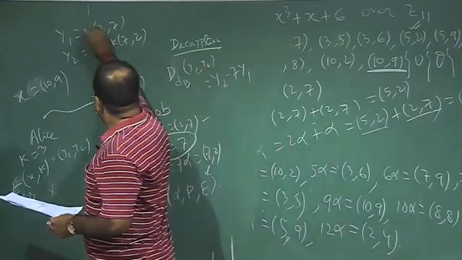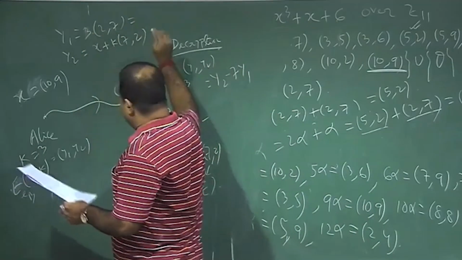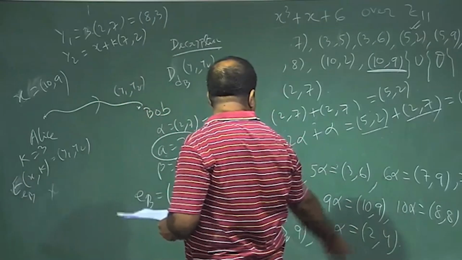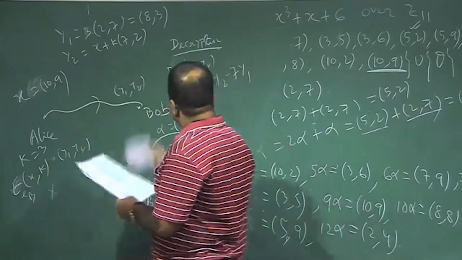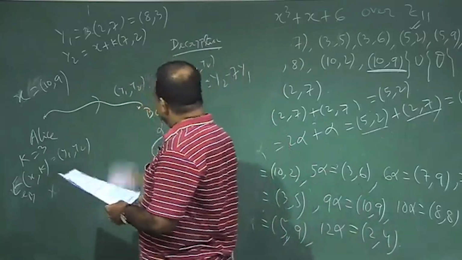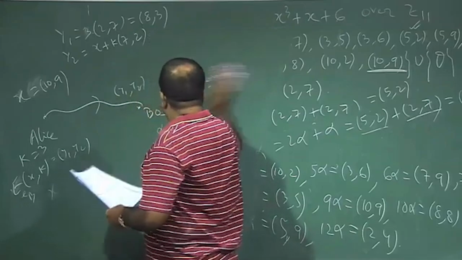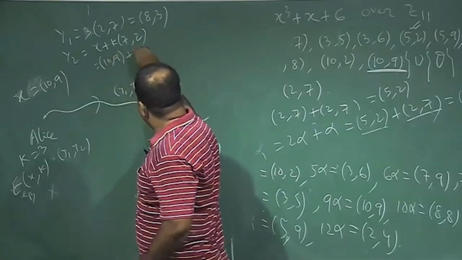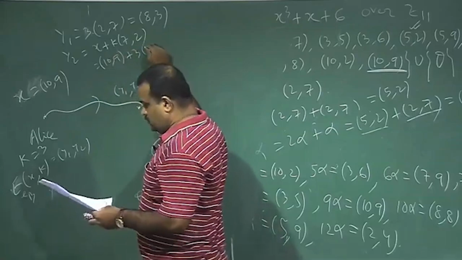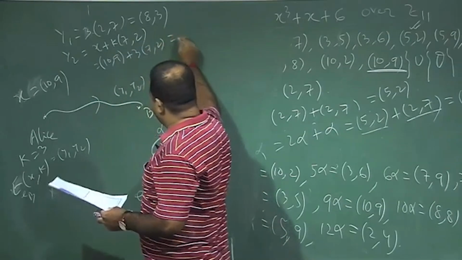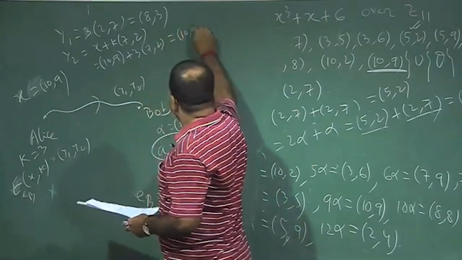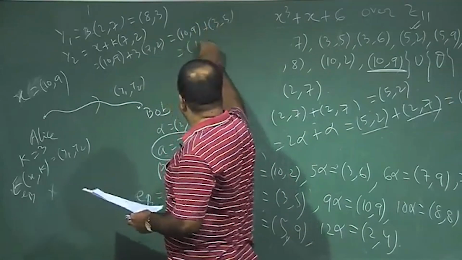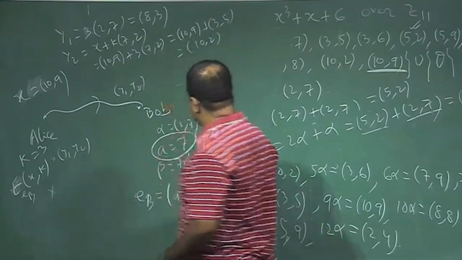Y1 is basically 3 times alpha, which is (8, 3), and Y2 is X plus this, so X is (10, 9) plus 3 times (7, 2). If we calculate this, it is (10, 9) plus (3, 5), and this is basically (10, 2). So this is Y1 and Y2.